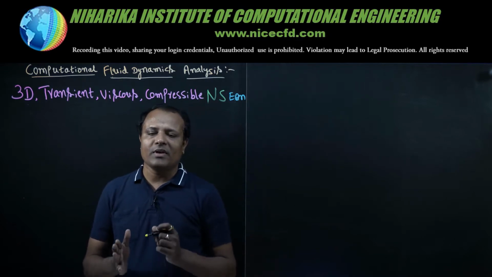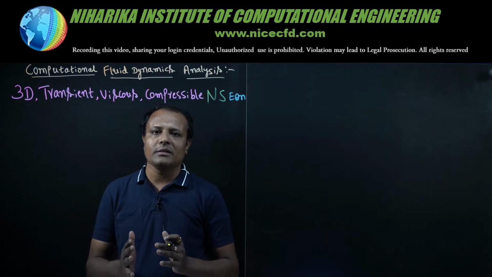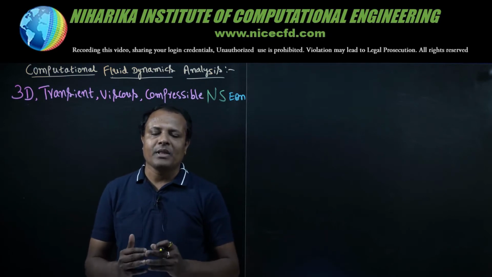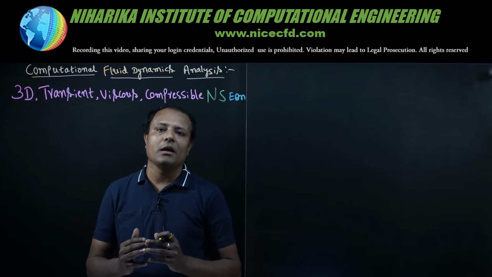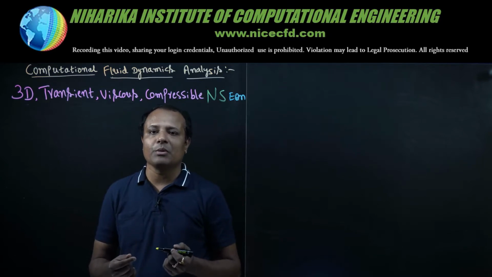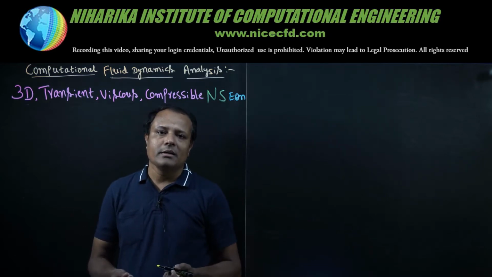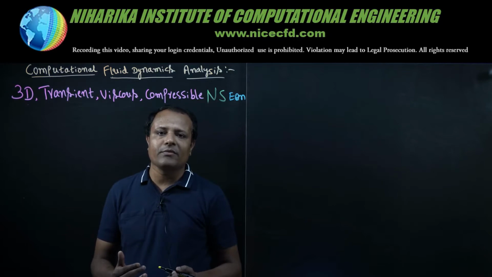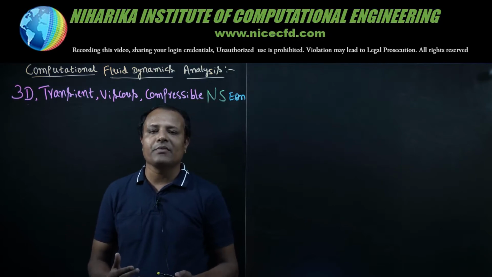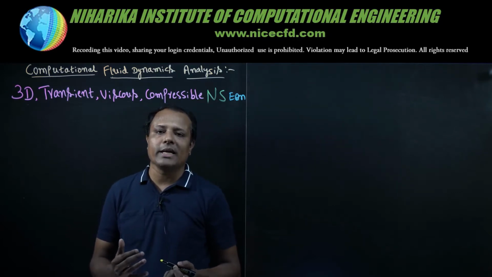In the first, second and third sessions, we understood the physics or practical understanding of conservation of mass, momentum and energy. And in the fourth session, we understood that the basic engineering flows can be classified into 24 types.